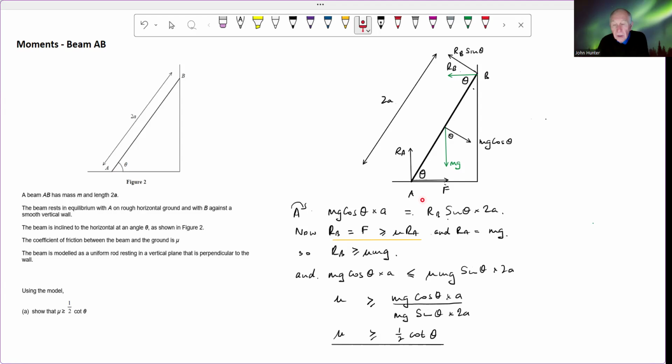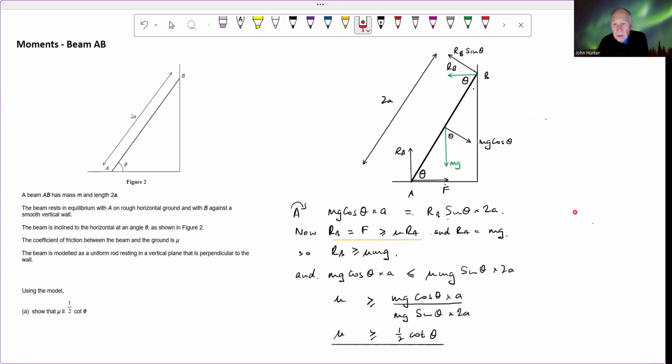Why A and not B, or anywhere else? It's a bit more complicated here, and at least if we take moments about here, we eliminate the consideration of these two forces, and that's a normal thing with moments problems. And we can at least see a relationship up here.